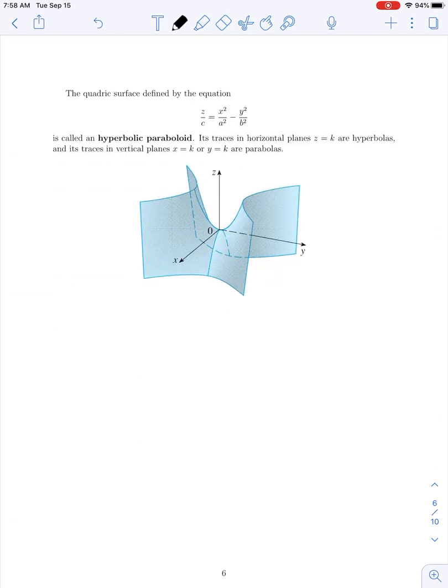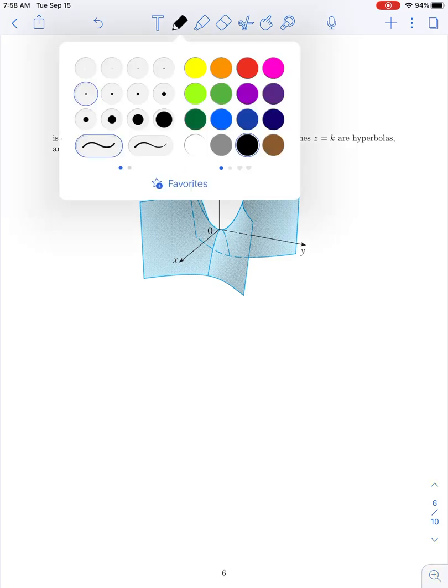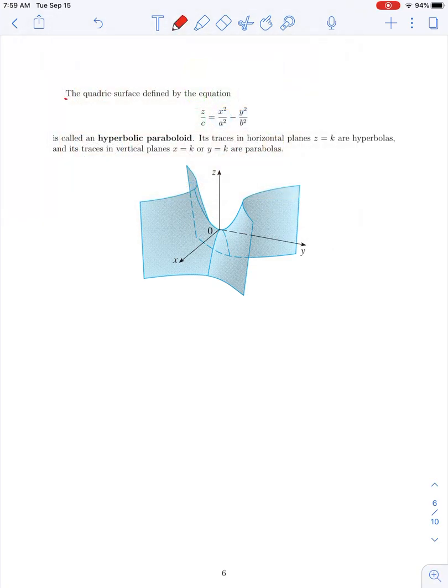Now the next type of quadric surface that we'll look at is of the following form. The quadric surface given by the equation z over c is equal to x squared over a squared minus y squared over b squared. It looks similar to the equation for an elliptic paraboloid, but where we have a difference in those quadratic terms, and it is called a hyperbolic paraboloid.